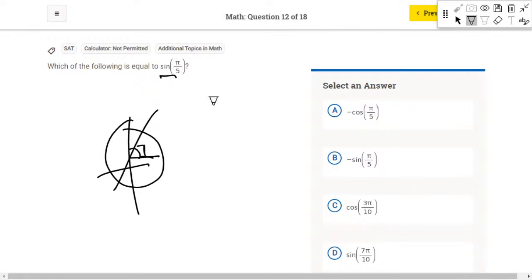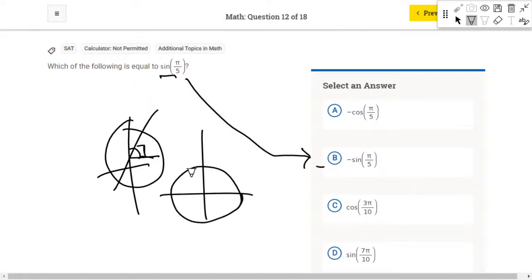Here I know that this is not equal to this, because sine is the value of this. When we get pi divided by 5, it's some angle here. It has a positive value, but minus sine is somewhere here. It has a negative value. So the answer is sure not this.